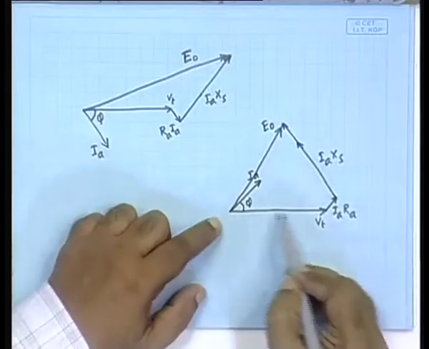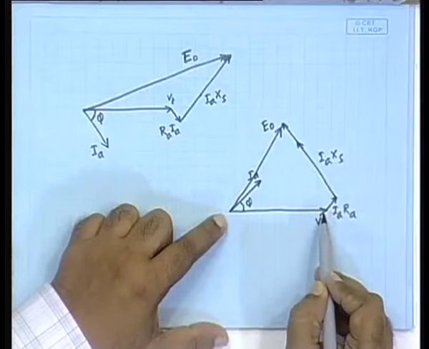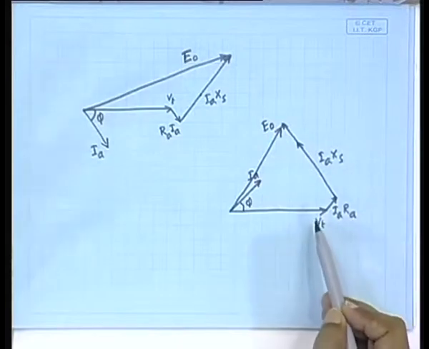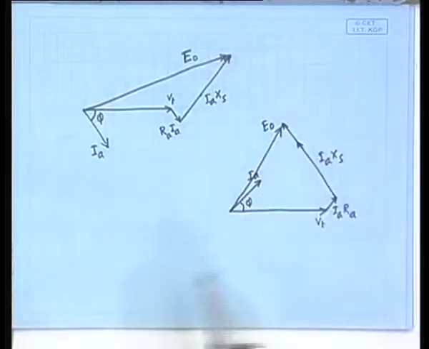So, you see in this case the generated voltage can be less than the terminal voltage, right, because of this mechanism. So, all you need to do is to reduce the field so that the generator voltage is less, then it is able to supply the required amount of lagging VAR.